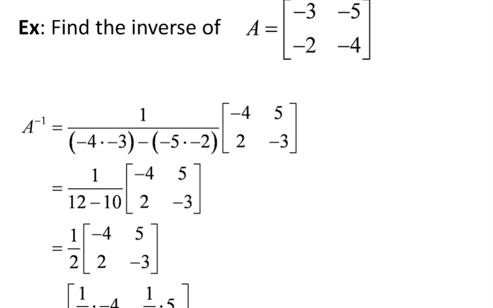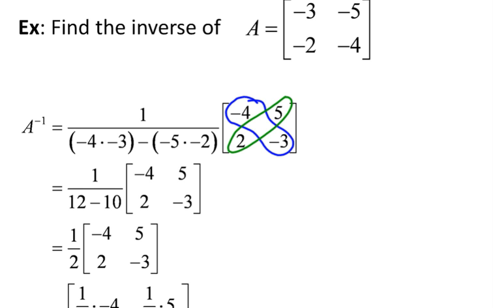All right, so here's the example. Find the inverse of A, -3, 5, -5, -2, 4. So they found the determinant, -3 times 4 minus -5 times -2. So they switched the positions. Here's the position switch. And they changed the sign of 5 and 2, but they left them in the same position.